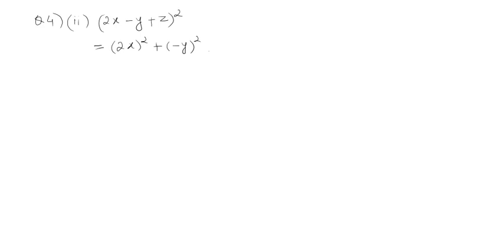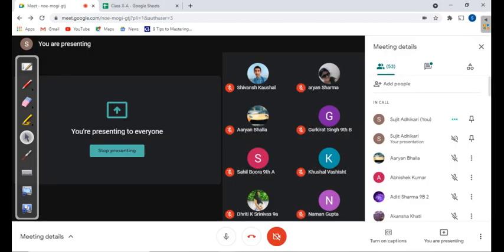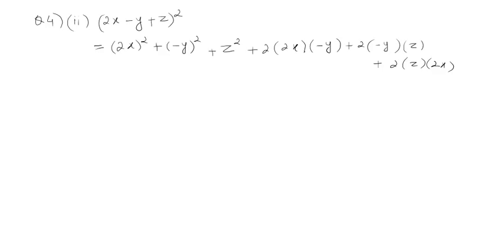Then we have plus z square, then plus 2ab plus 2bc and plus 2ca. So these are the terms which we are getting.